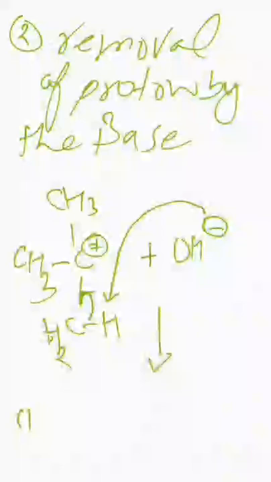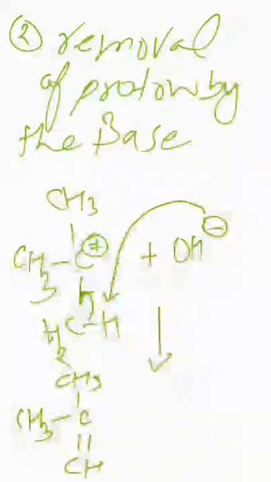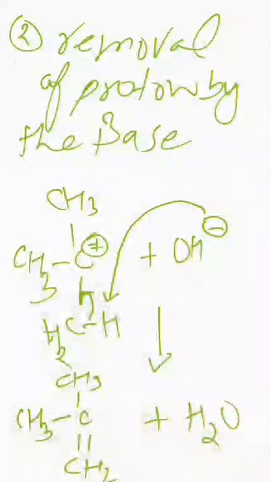So here we get our alkene, and here we have this water molecule. So these are the two steps for the E1 reaction, in which the first step is the formation of carbocation, which is the rate determining step and slow in nature, and the second step is the removal of proton by the base. This is fast in nature.